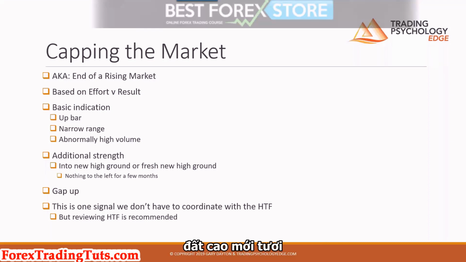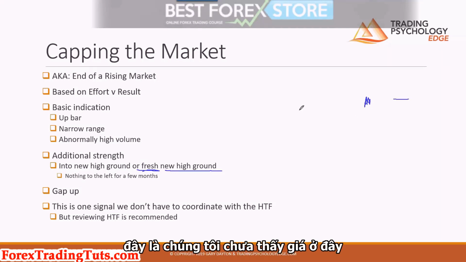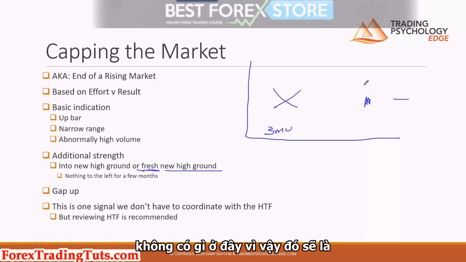Fresh new high ground would be a high into an area where for the last, say, 3 months or so, there was nothing on your chart to the left. Okay, so you're here. We haven't seen prices in here for the last 3 months. Okay, that's as far as our chart goes, and there's nothing here. So that would be considered new high ground for this market.